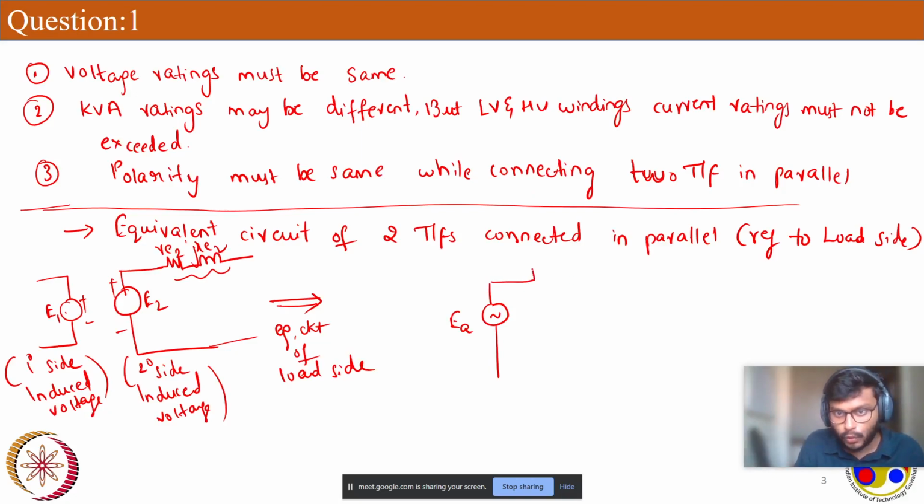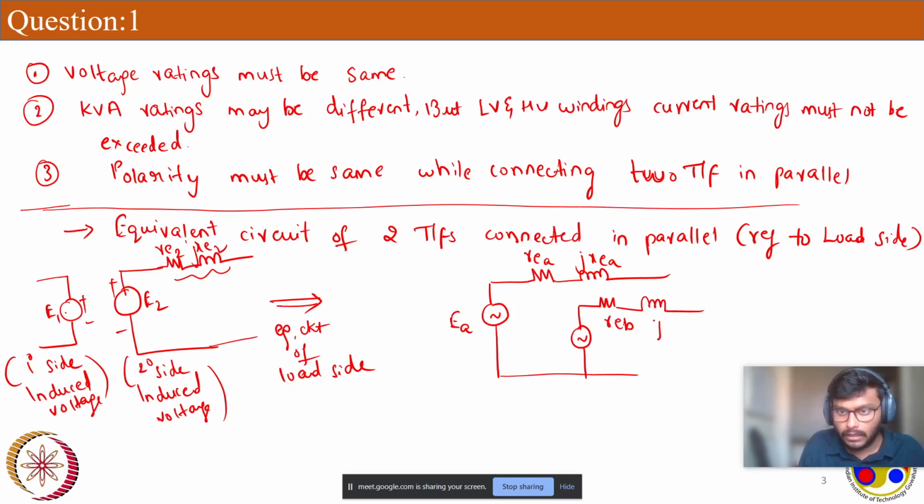Now it will have its own resistance and impedance, and we call it REA, JXEA. Now I have another voltage source which is in parallel with my EA, and it will have its own resistance and impedance. I will call it REB, JXEB, and the induced voltage I am calling EB.